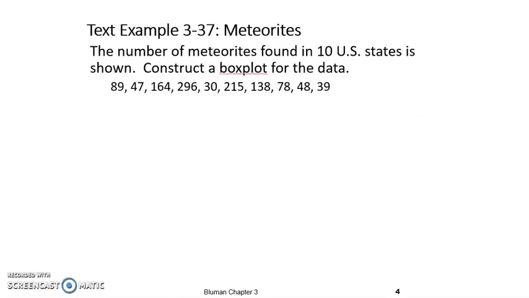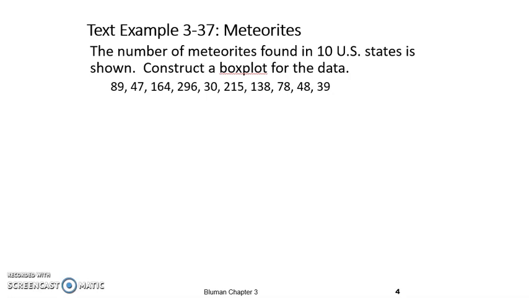So let's try a problem. So this is our example. The number of meteorites found in 10 U.S. states is shown. Construct a box plot for this data. So remember now, we've got to have that 5-number summary.